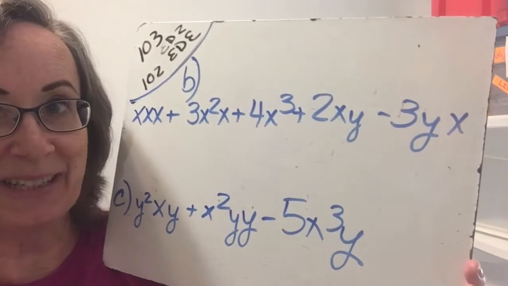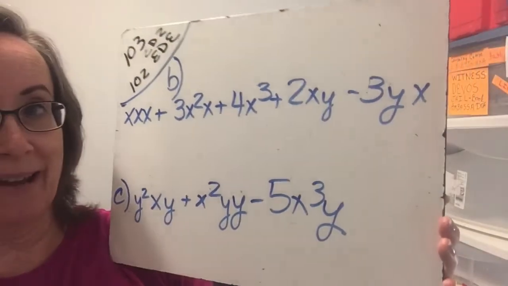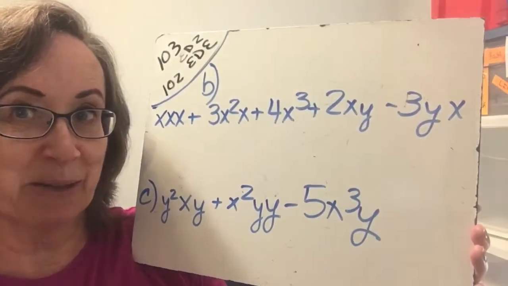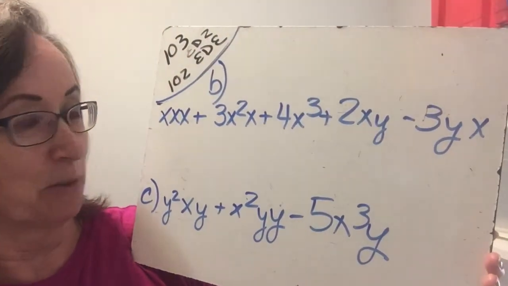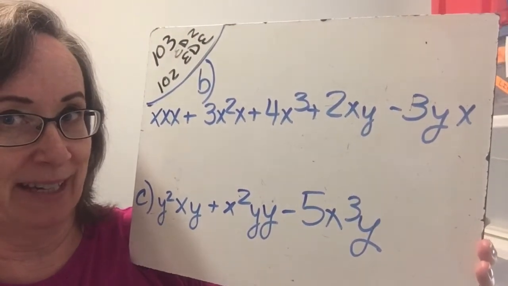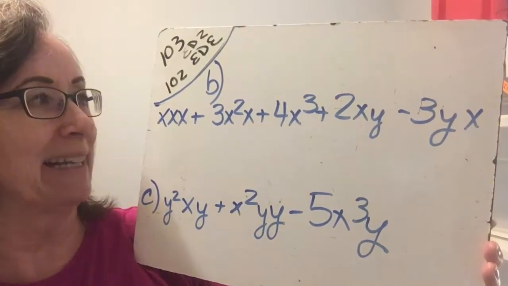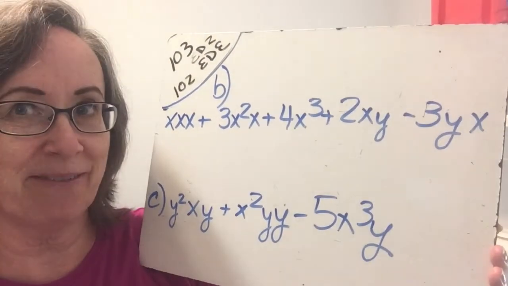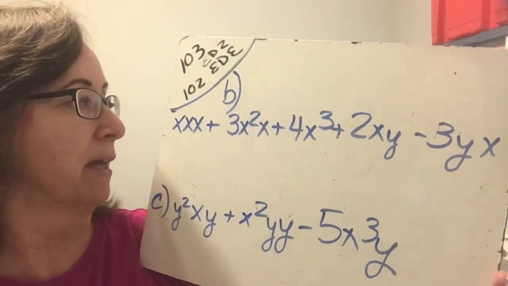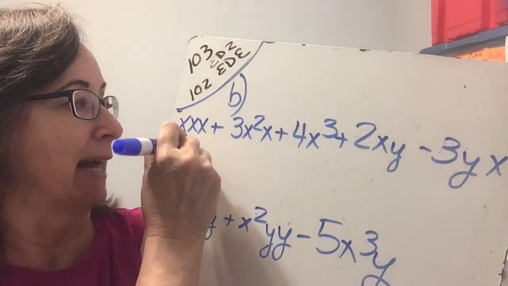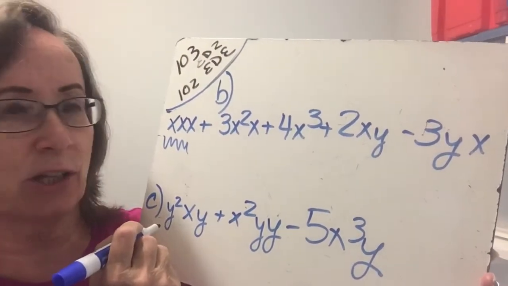Here are our last two examples, so copy them down and then go off and try to do them by yourself. So pause your video. All right, let's look at the first one and see how many of them are actually like terms. We have an xxx, so that's the same thing as an x cubed.